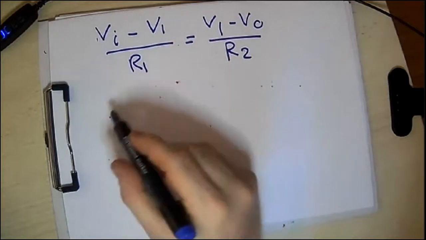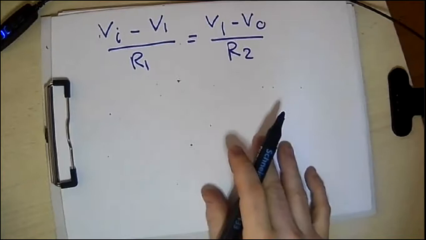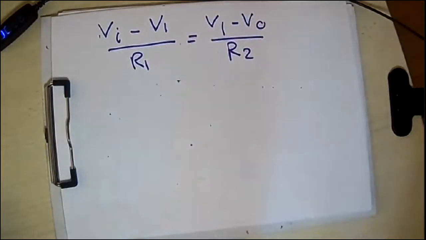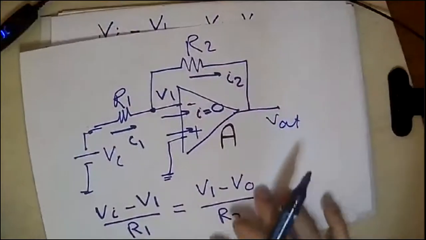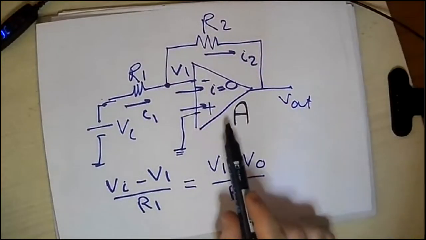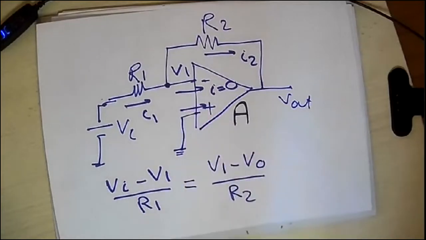But before rearranging to put V output on one side, we have another important relation, which is the gain relation. V output is equal to the gain times V2 minus V1.